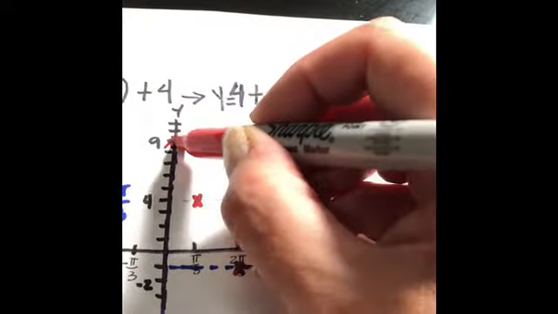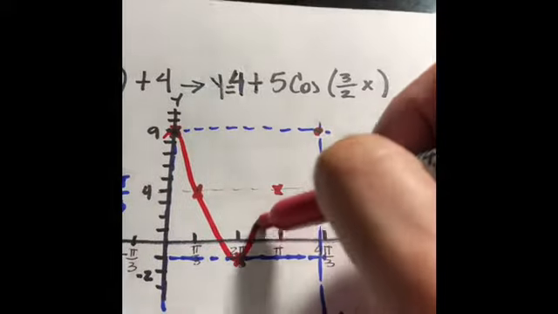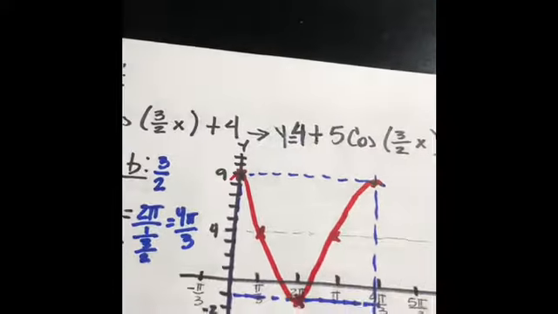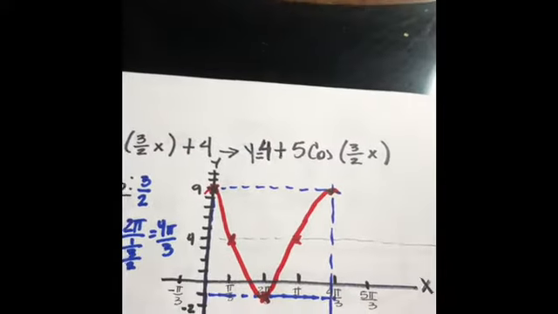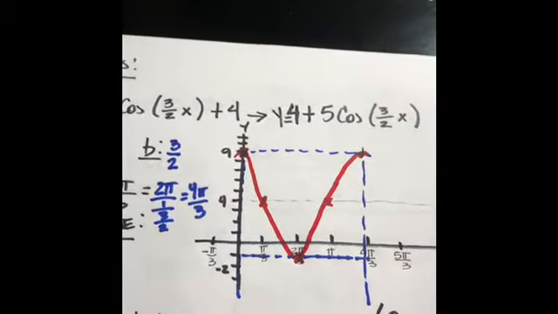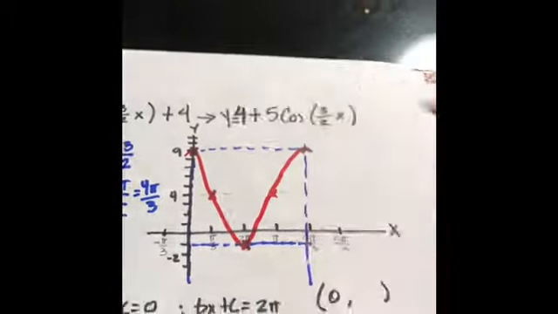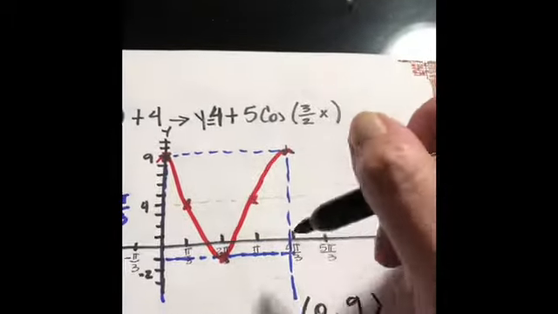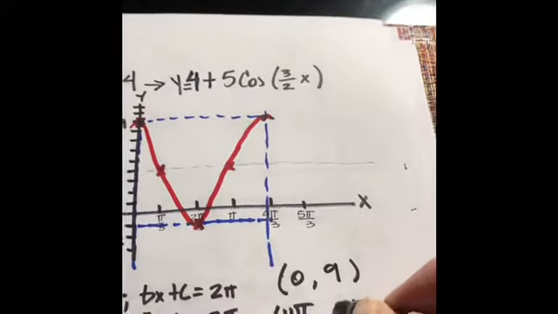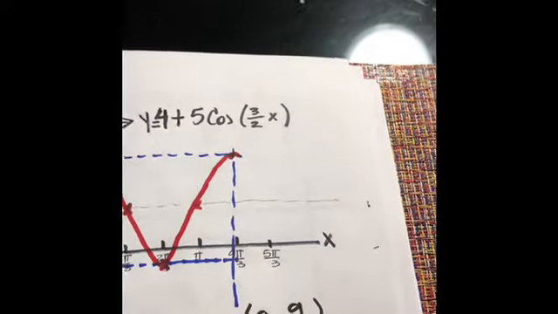And the graph that I am looking for is going to look something like that. Remember, it's U-shaped because I am working with a cosine function. So this means that my actual endpoints are 0, 9, and 4 pi over 3, which is this part, also at a height of 9 in y.